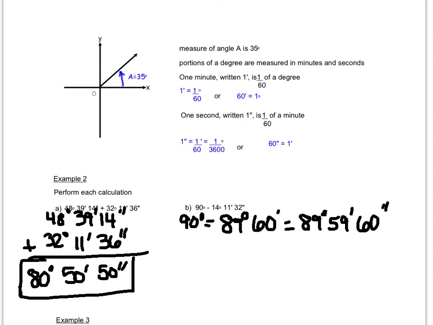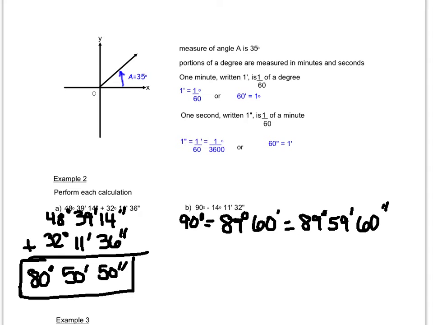So we took 1 degree out of the 90 to make it 89, and 1 degree equals 60 minutes. Then we took one of those minutes and converted that to seconds. So this 60 becomes 59, and that minute we took away becomes 60 seconds because 1 minute equals 60 seconds.